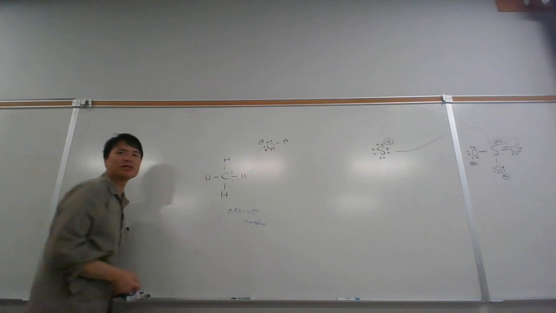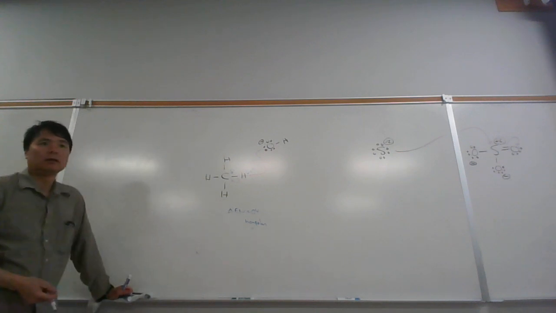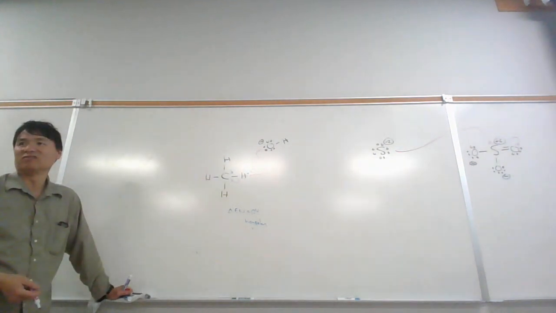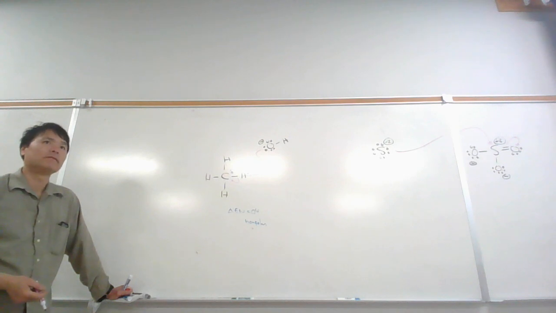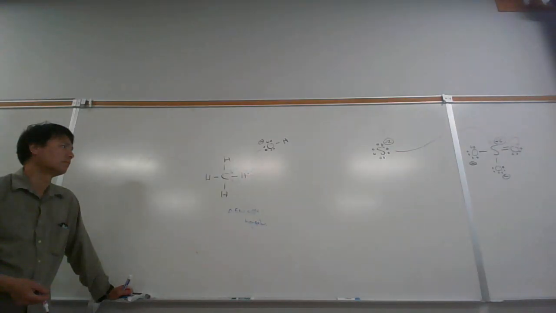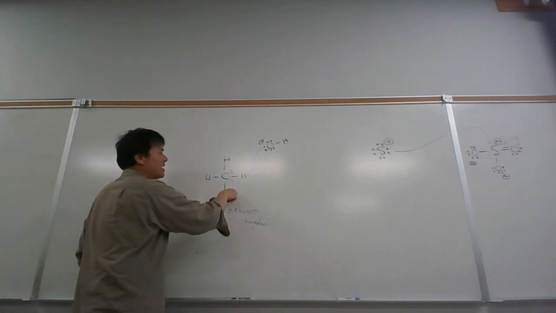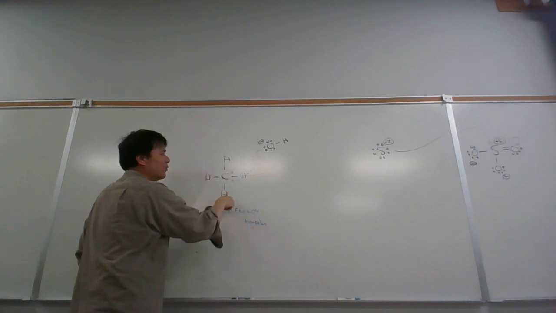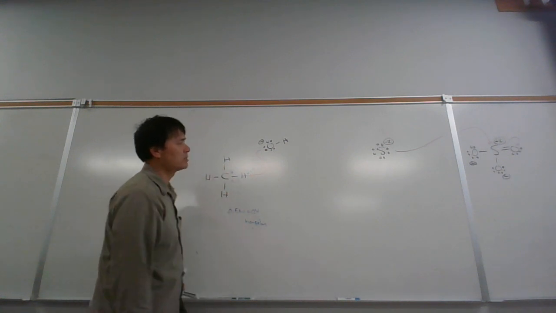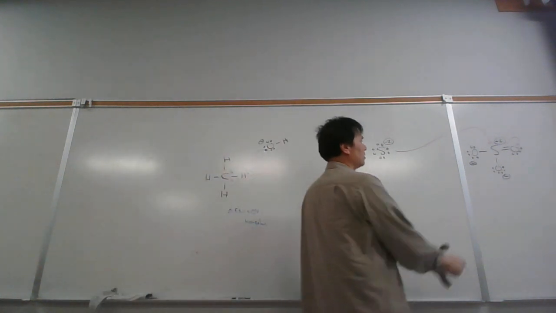Is methide very stable? No, methide's very unstable. And so this is not a good Lewis acid. Methane is a very poor Lewis acid, whereas something like sulfur trioxide would be a much better Lewis acid.